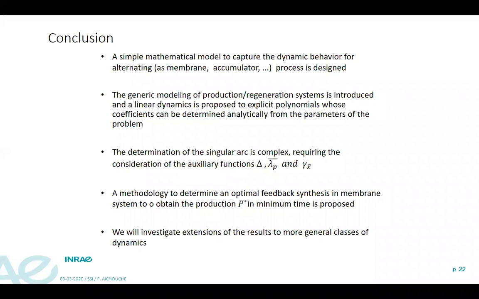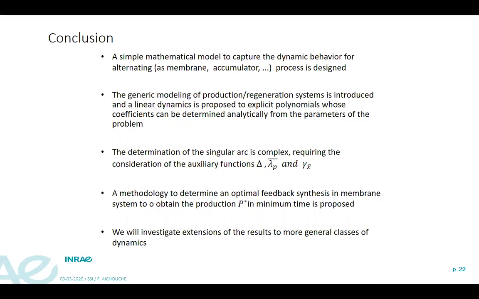Finally, in conclusion, a simple mathematical model to capture the dynamic behavior of an alternating process is designed. The generic modeling of a production regeneration system is introduced, and a linear dynamic is proposed to express a polynomial whose coefficients can be determined analytically from the parameters of the problem.